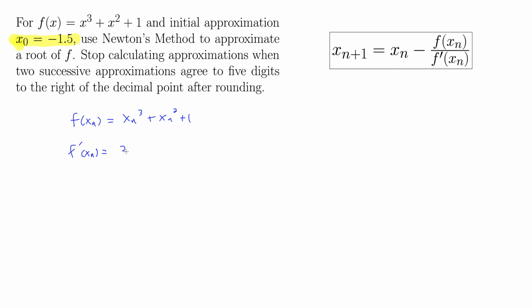Okay, so 3x sub n squared plus 2x sub n. So we can combine these to give us x sub n plus 1 is simply x sub n minus our function x n cubed plus x n squared plus 1 over the derivative 3x n squared plus 2x n.